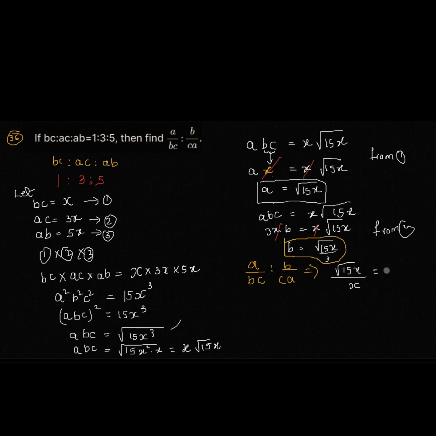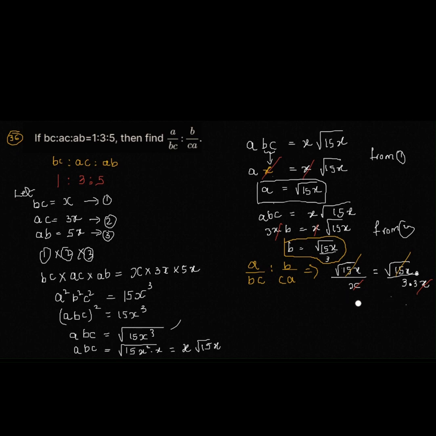B is 15 root x over 3, and we got the denominator CA. I need to write that value as well, which is AC as 3x from equation 2. Okay, so now we can cancel the same terms. This is the same term, we can cancel each other, and also we can cancel the x term.